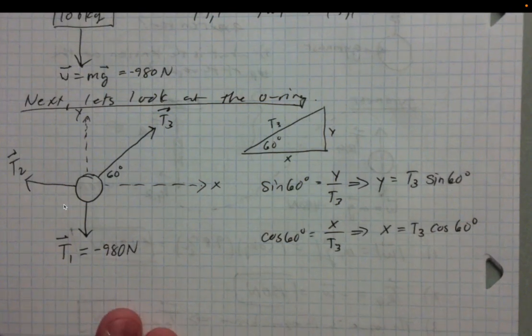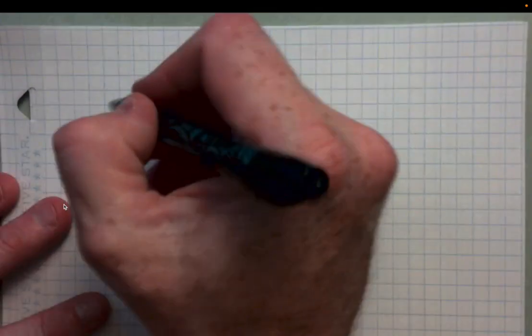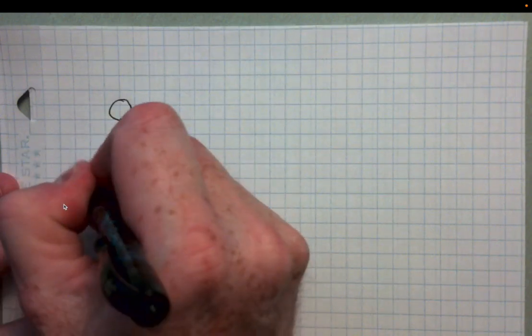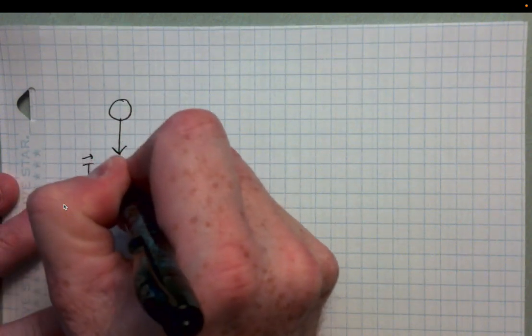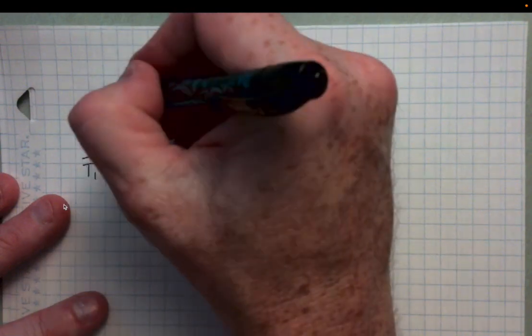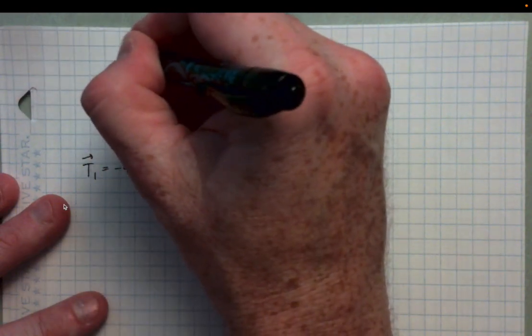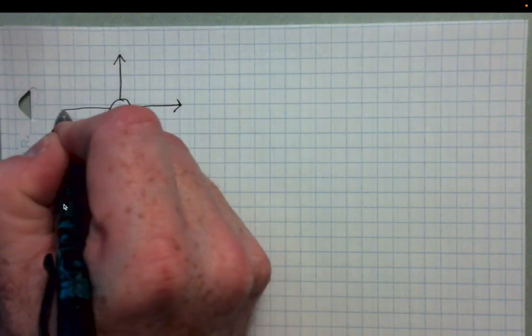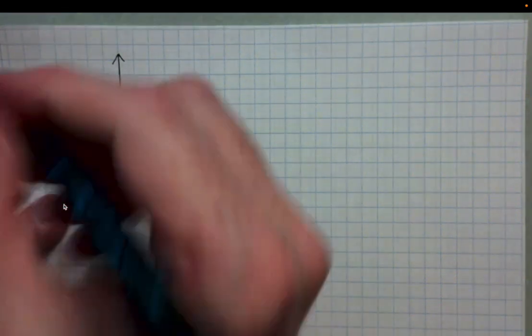And so we could redraw this and include this information. Okay, so we've got the O-ring, we've got T1 equals negative 980 newtons, and then we've got this force coming out the top, and then we've got a force coming out both sides. Now the force coming out the left-hand side, that's just T2.